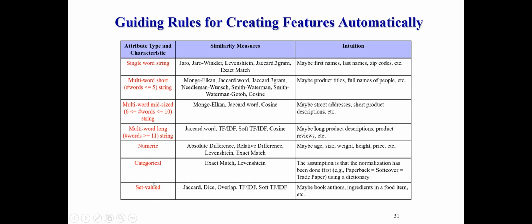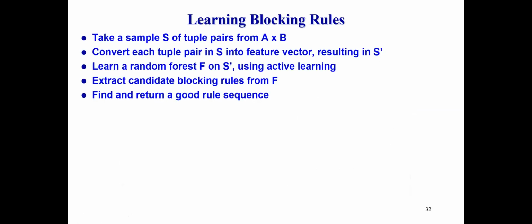And based on the attribute type, we know what kind of similarity measure we should apply. And there's some intuition on why, right? We're gonna use this similarity measure together with a bunch of different tokenizers, and we can generate all kinds of features, right? So we could generate 20, 30, 70 features. So that is what we do in terms of generating features.